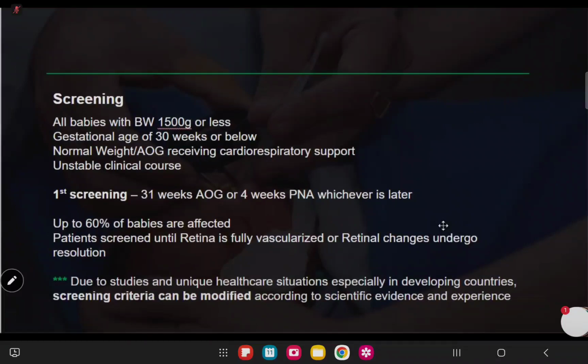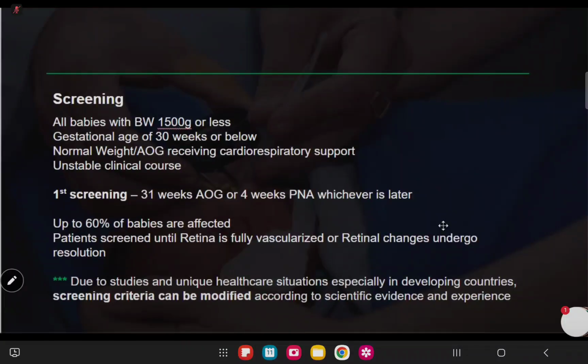Due to studies in unique healthcare situations, especially in developing countries, the screening criteria can be modified according to scientific evidence and experience. So this would be different from the Nelson's textbook that you have in pedia.